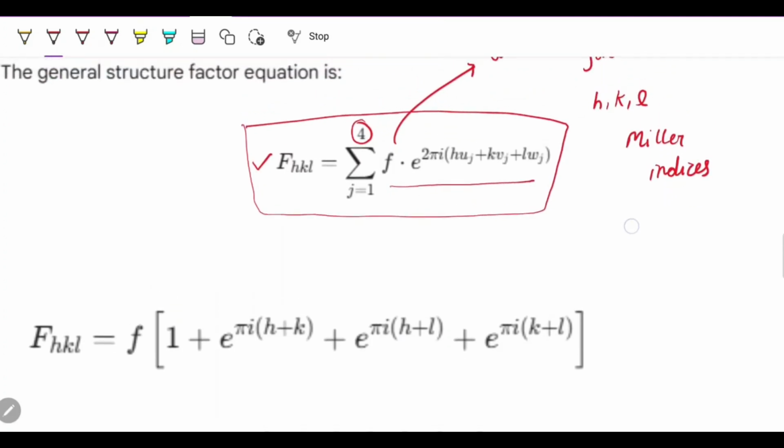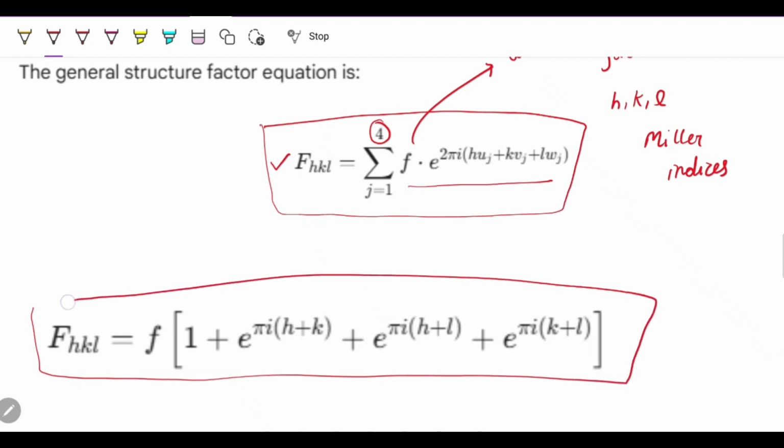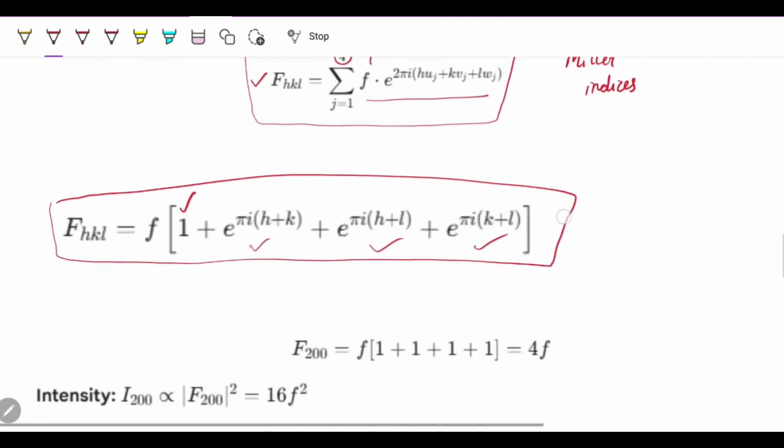So when we put in the values of u, v, and w for the different coordinates, our structure factor will be this. You can just put 0, 0, 0, and that will give you 1 because f we took common. And when you put half, half, 0, you will get this one, and this one. You can calculate it.